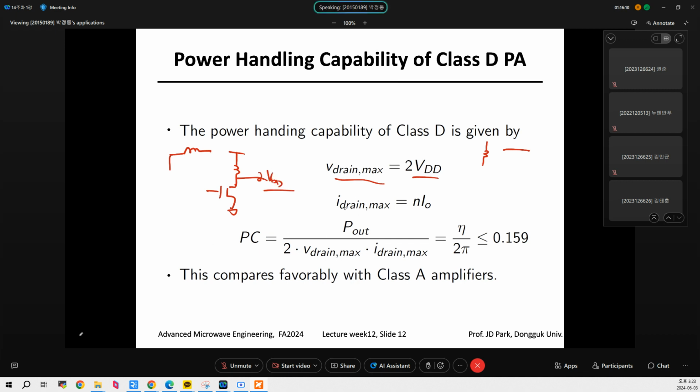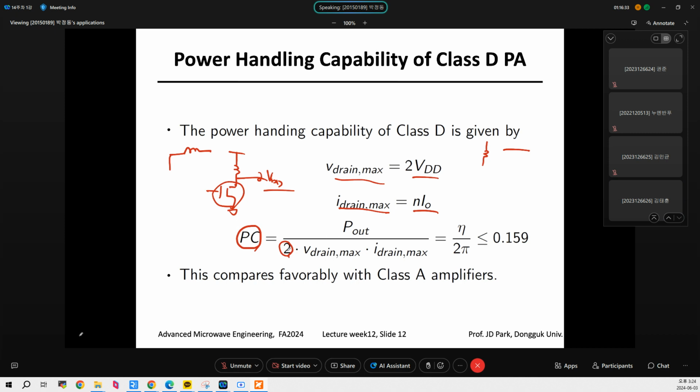So I drain max, since we use the 1 to n, is NI0. The power handling capability, which is PC, is P out divided by 2 V drain max multiplied by I drain max. The 2 is because we have two devices.